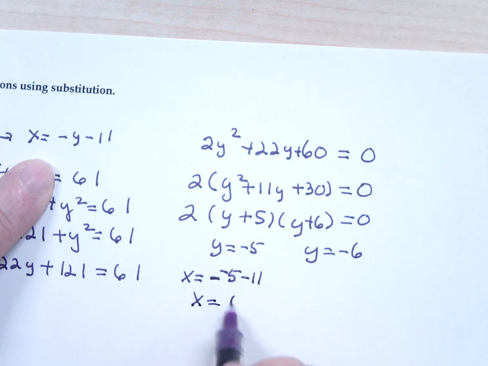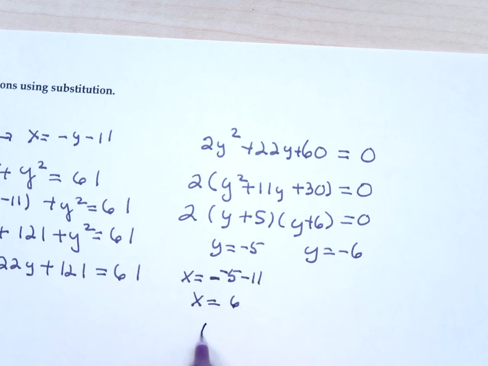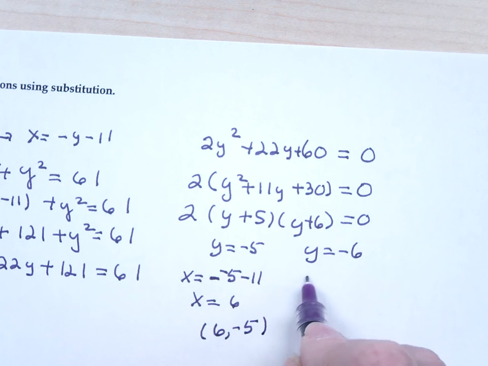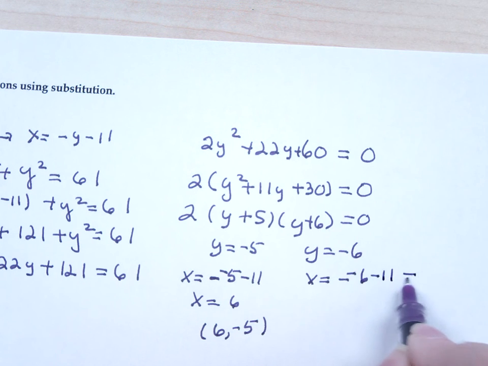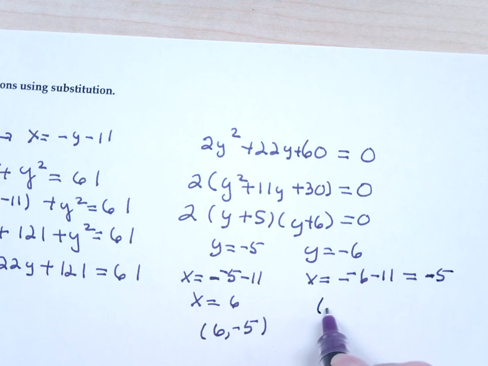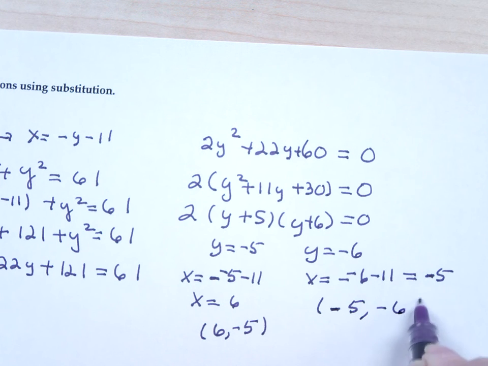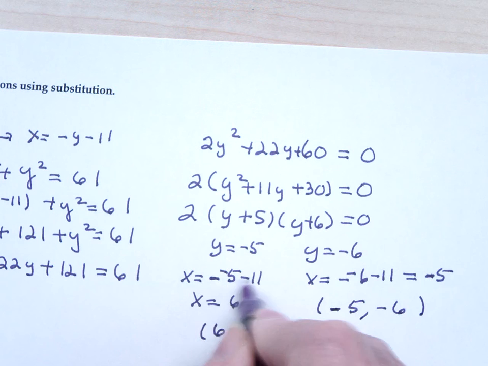X is 6. So I have x equals 6, y equals negative 5. And x is negative 6 minus 11, which is negative 5. I have negative 5, negative 6.